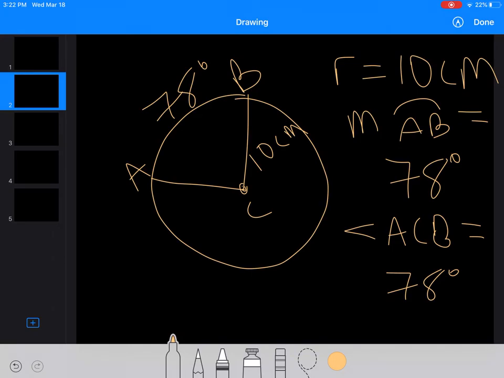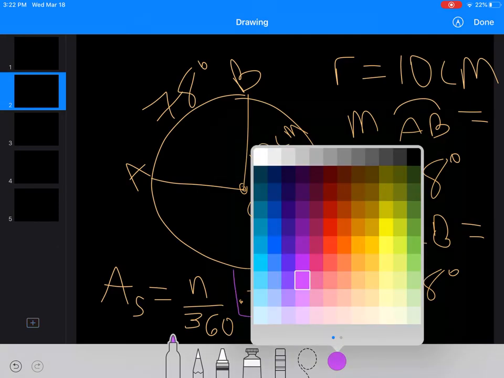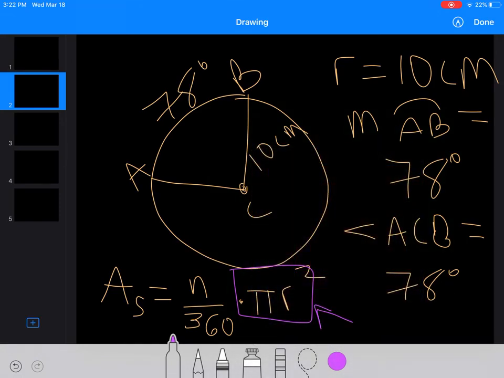So we just use this general formula. The area of the sector is just going to be n over 360, kind of like the arc length formula, times pi r squared. And note that pi r squared is just the area of a circle formula, and we've seen that before.